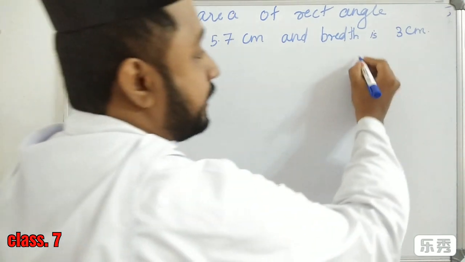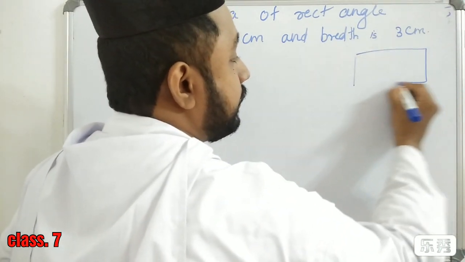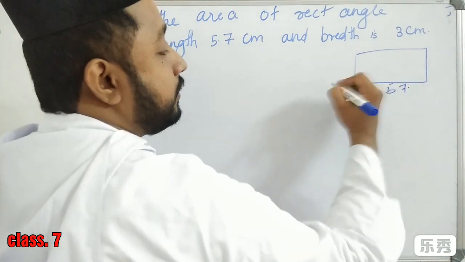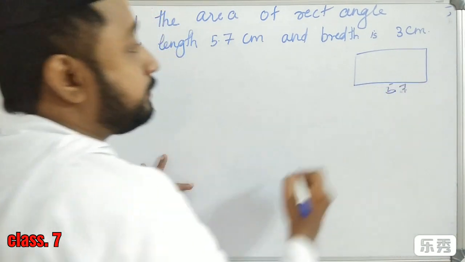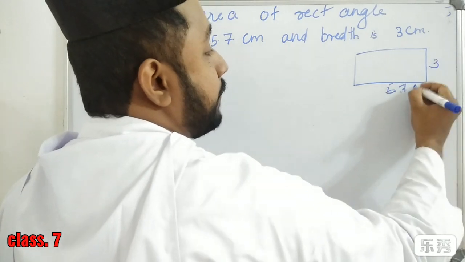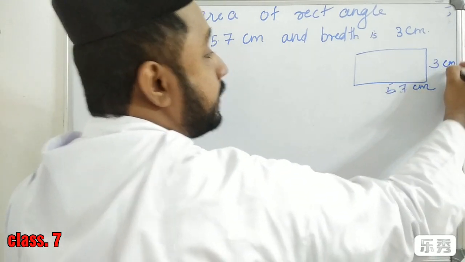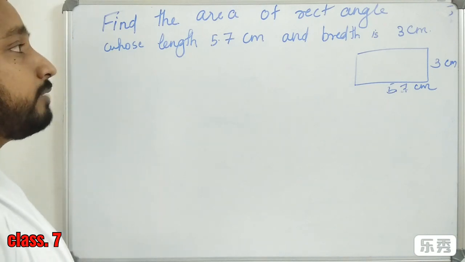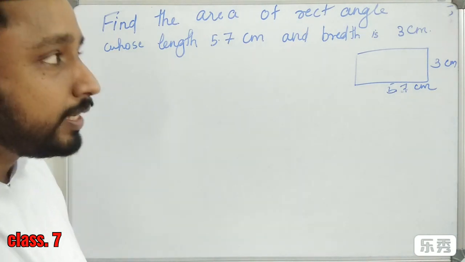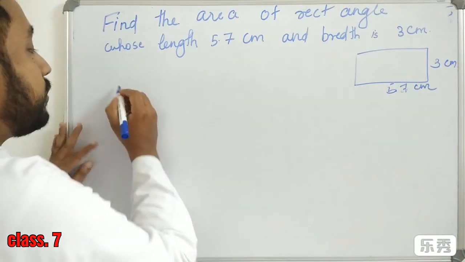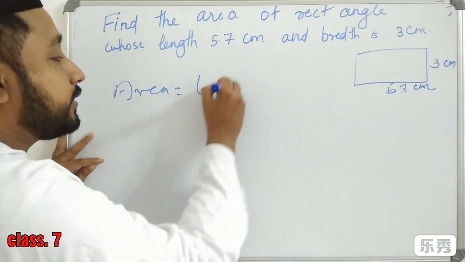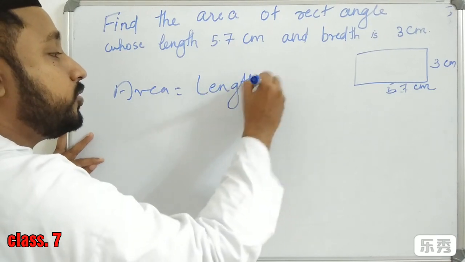We know the rectangle's length is 5.7 cm and breadth is 3 cm. We have to find the area of the rectangle. We know the formula for finding area is length into breadth.